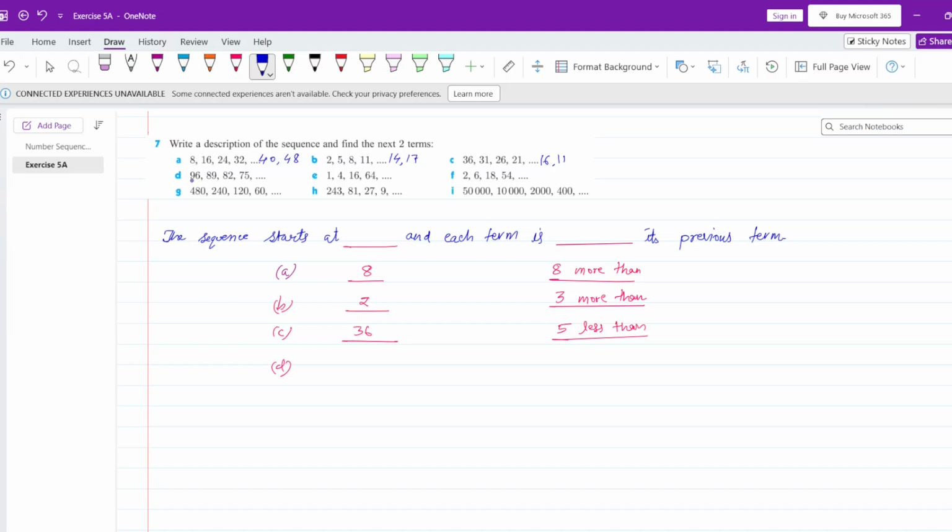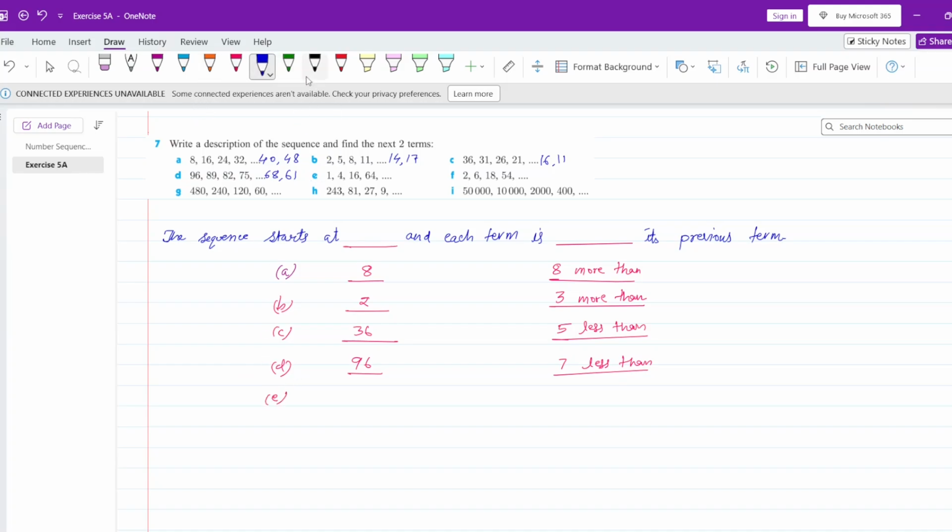D. 96 minus 7 is 89, minus 7 is 82, minus 7 is 75, minus 7 is 68, minus 7 is 61. So we can say the sequence starts at 96 and each term is 7 less than its previous term.